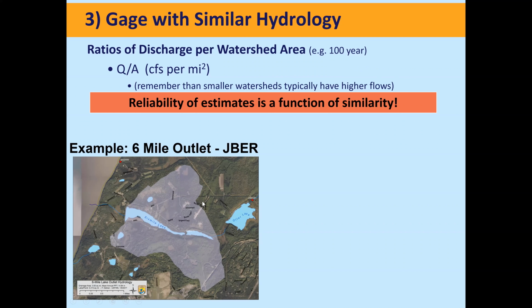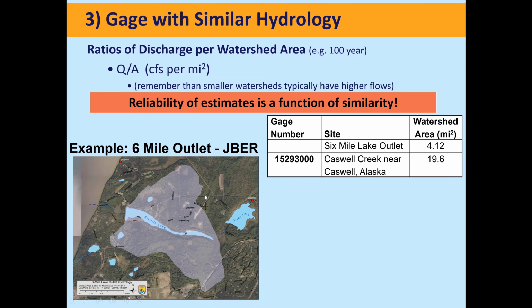And I definitely tried other methods, but one thing I tried to better understand what flows might be like in 6 Mile was to look at other stream gauges that were active with peak flow data that had some similar hydrology, like Caswell Creek, pretty far away, but it at least had a really similar lowland groundwater fed series of lakes, similar to 6 Mile.